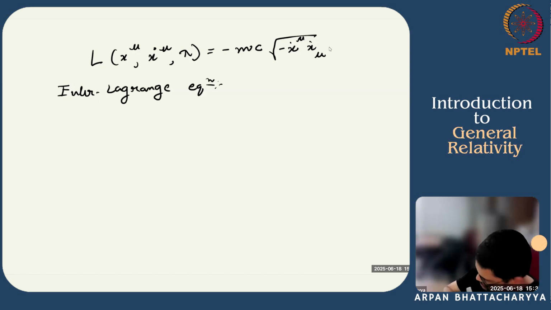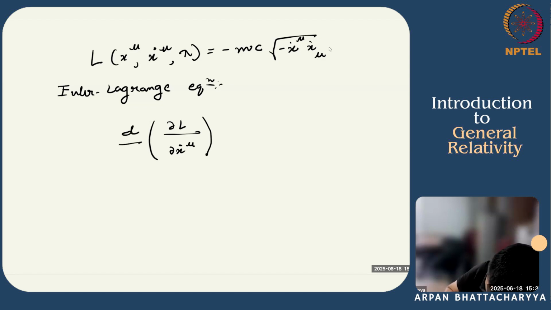Remember, x mu's are the generalized coordinates here. X dot mu's are the generalized velocities. The equation of motion, or Lagrange equation, is d by d lambda of del L del x dot mu with respect to the generalized velocity.